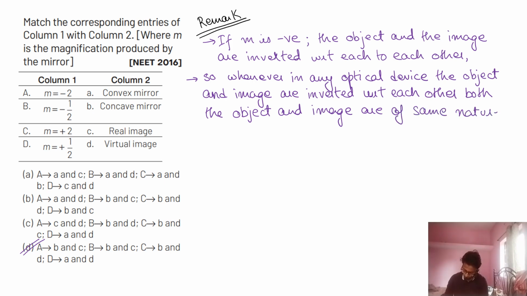That means if the object is real, the image is real, and if the object is virtual, the image is virtual.